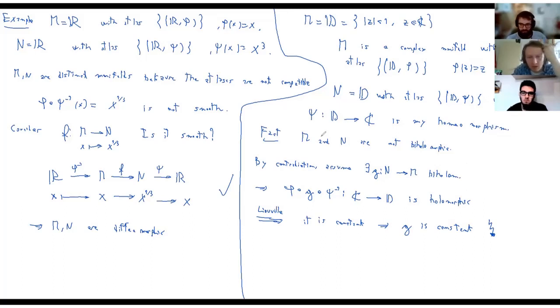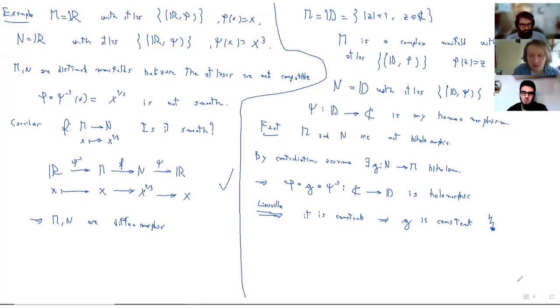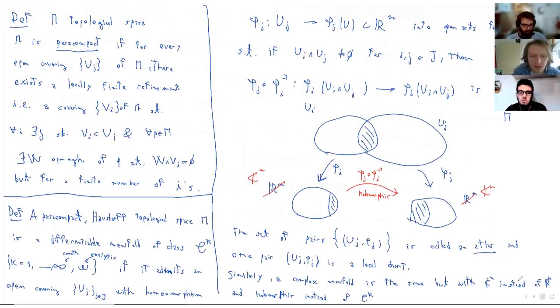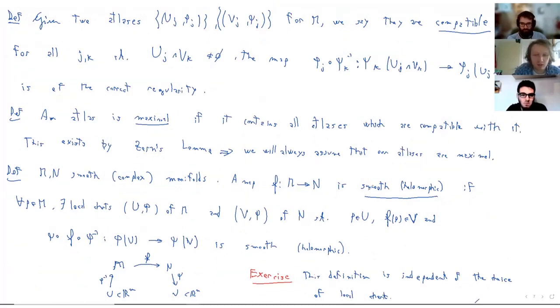Yeah, because if you go back to the definition of a smooth map, or let's say a map between complex manifolds, it is holomorphic if the map from phi of U, sorry, this should not be U, this should have been phi of U and psi of V, if the map from below, so from the image of the chart, you go back to M, you apply your map, then you go onto the chart.